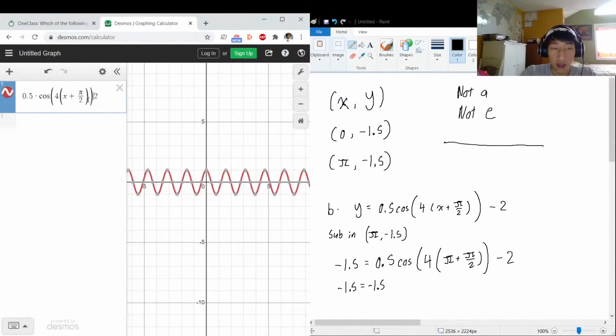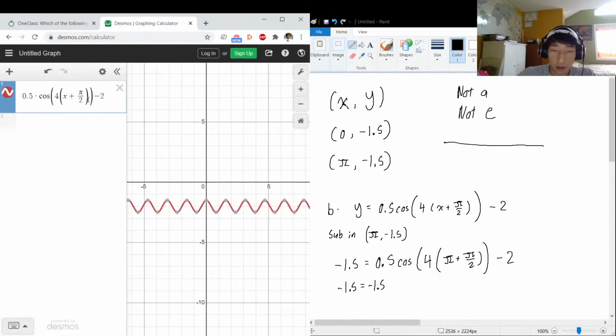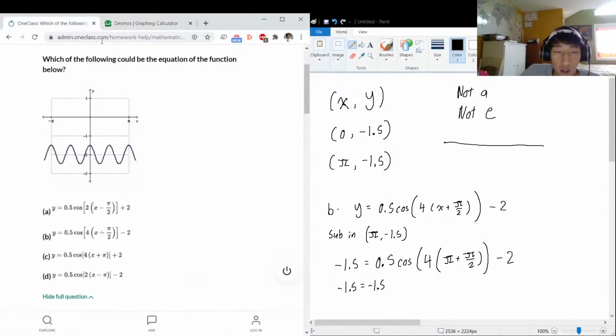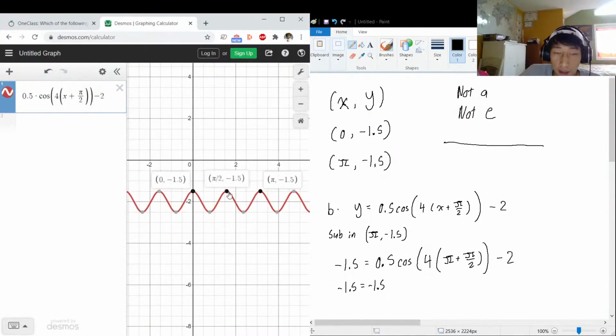Get that bracket in there, and then minus 2. So our points of interest, are they here? Pi and negative 1.5, and 0. And look, it matches with our points of interest. We have a peak at 0, a peak there, and a peak at pi, like one peak in between pi and 0. So that matches up.